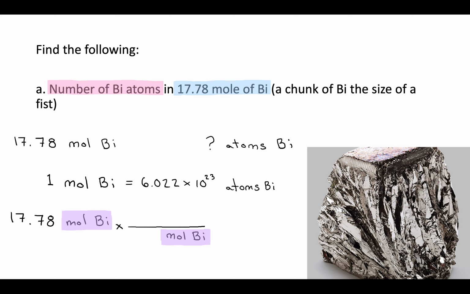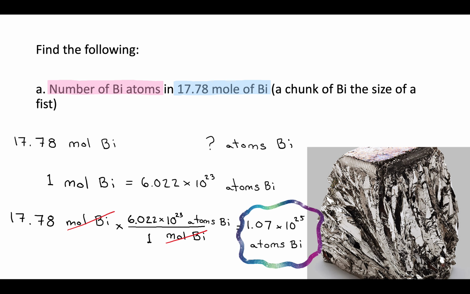The units we start with go on the bottom of the fraction so that they'll cancel out, and then we can fill that fraction in with our conversion factor. Next to moles of bismuth, we'll put the number 1, going over the fraction bar, like going across the equal sign, and on top, we'll have 6.022 times 10 to the 23rd atoms of bismuth. Moles of bismuth cancel, and we are left with 1.07 times 10 to the 25th atoms of bismuth. And that would be our answer.